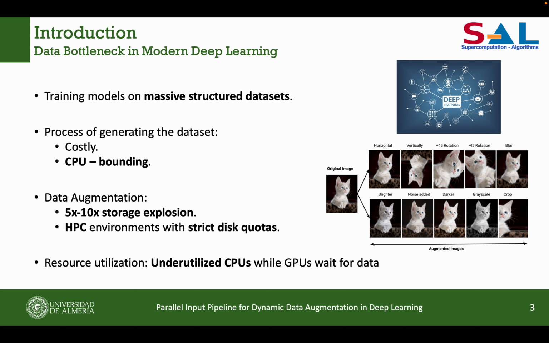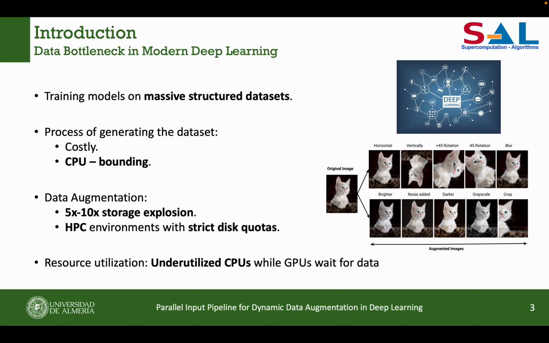Also, in some cases, the data augmentation process is necessary, multiplying by 5 or by 10 the size that is required to store this dataset, for example, in an HPC cluster.